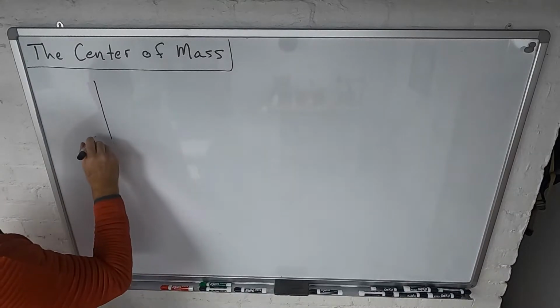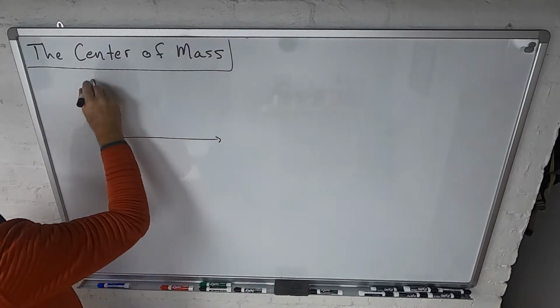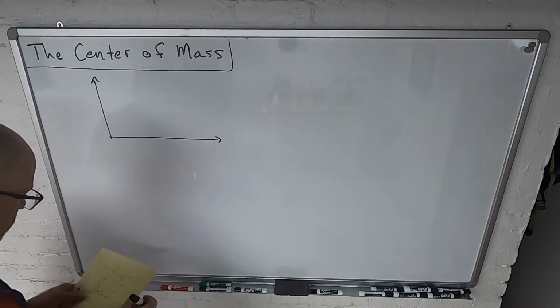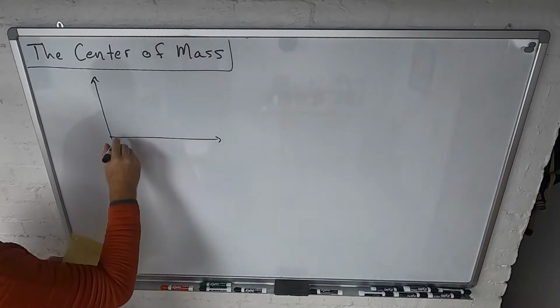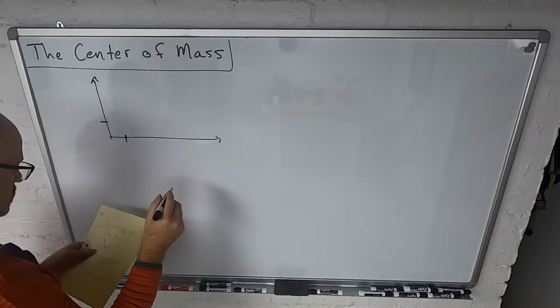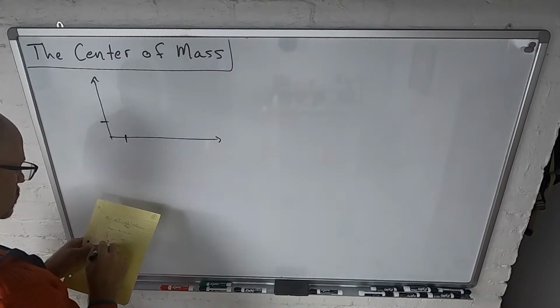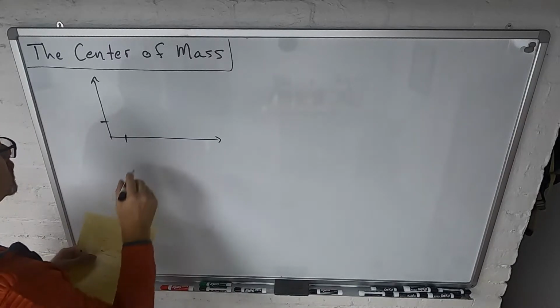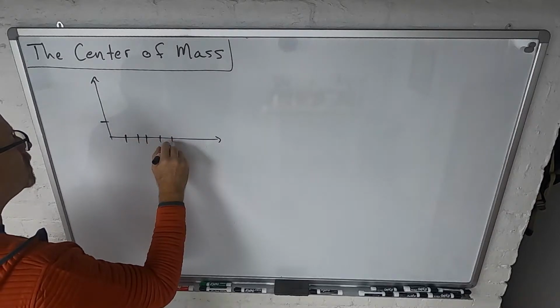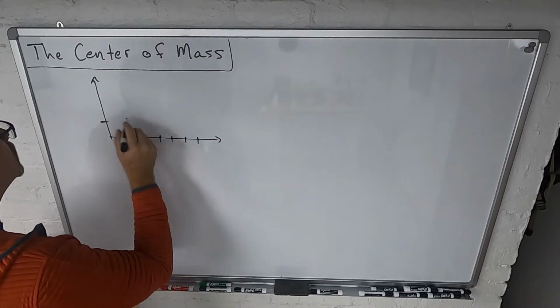And so a very straightforward example is the following. Let's actually give this real coordinates. 1, 1, and this one is 5.